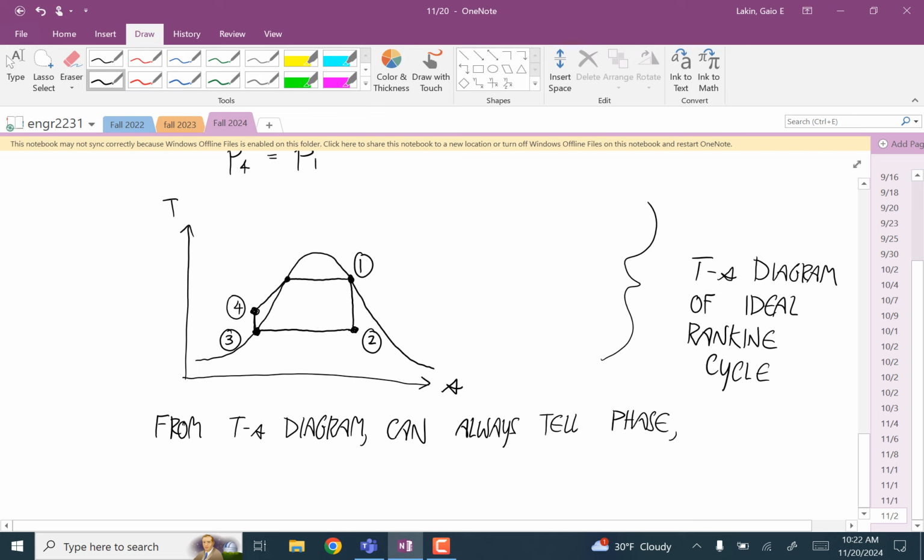And you can always see the isentropic processes.